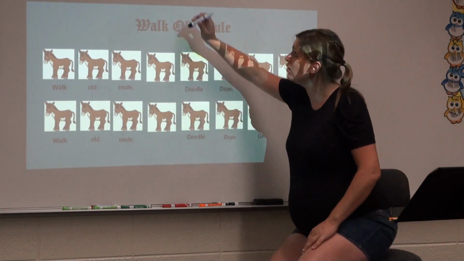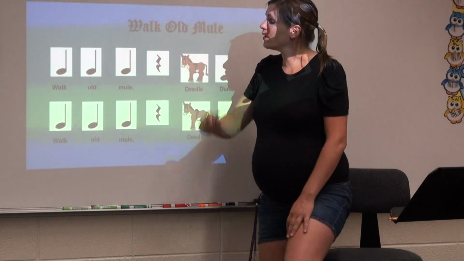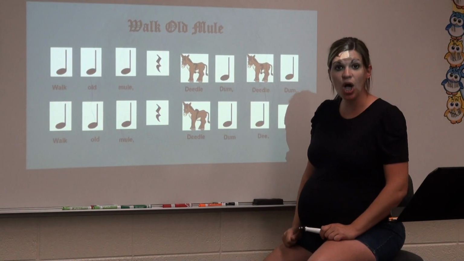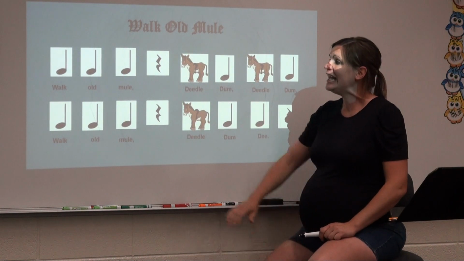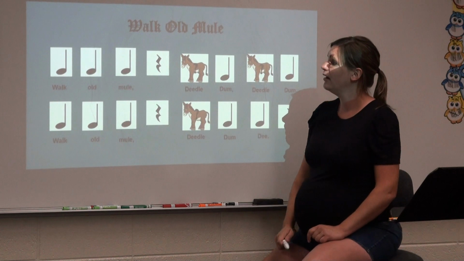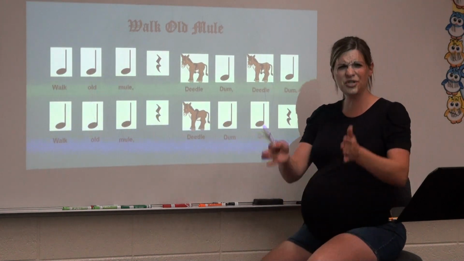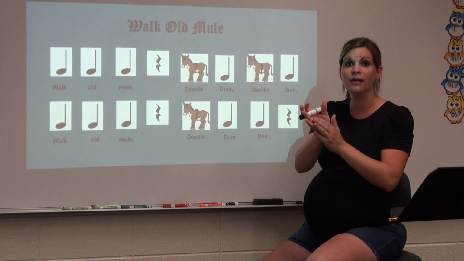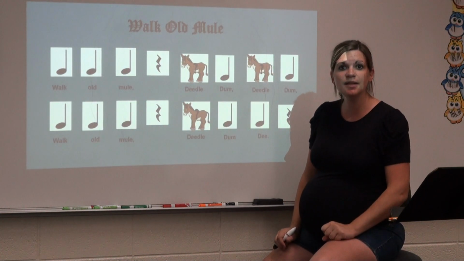Cool? Now, if we look a little bit further, you can see most of our song, Walk Old Mule, is tas, and then there's some rests in here. Walk, play position, clap and say walk on 3. 1, 2, 3, walk. Sure enough, one syllable.